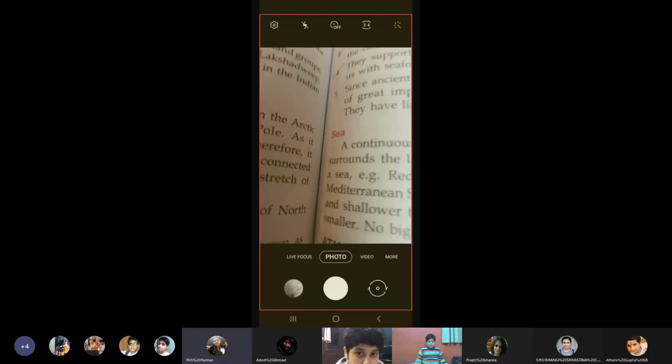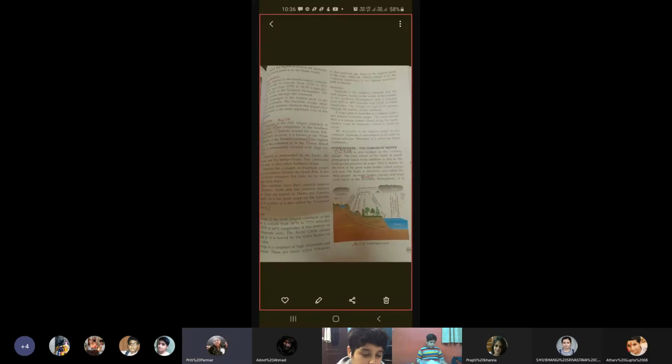We talked about the continents. We talked about Asia being the largest continent. Other name for Asia being continent of extremes. Then Africa, which is also known as the dark continent. Then North America. Then South America, Antarctica, which is also known as the continent of science. Then Europe and then Australia.